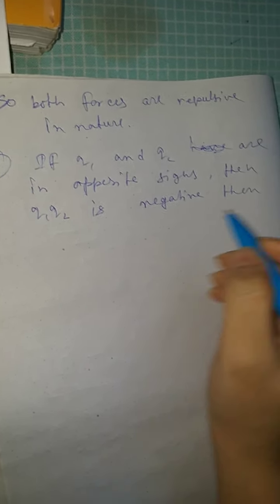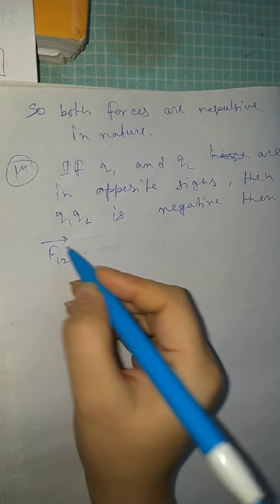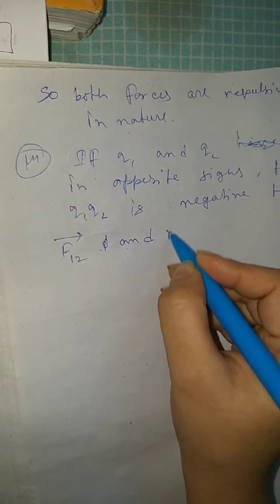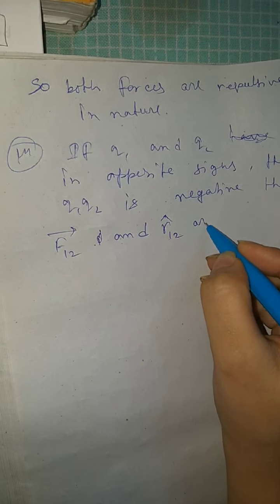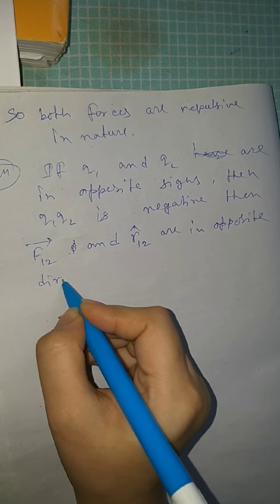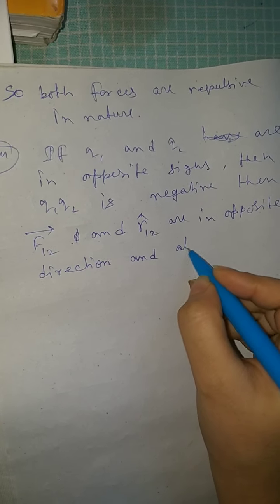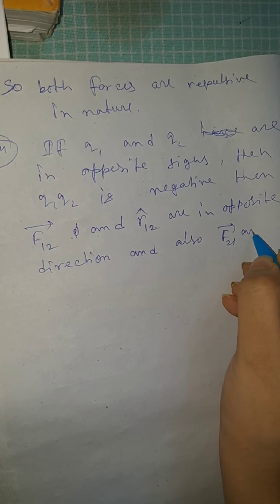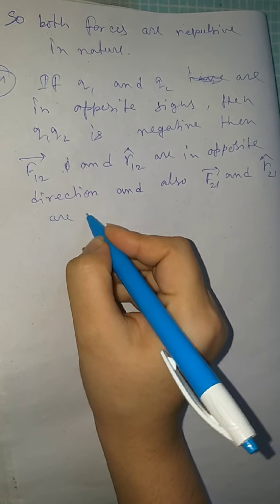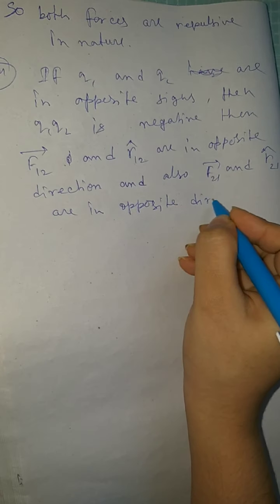And then F12 vector and R12 cap are in opposite direction, and also F21 vector and R21 cap are in opposite direction.